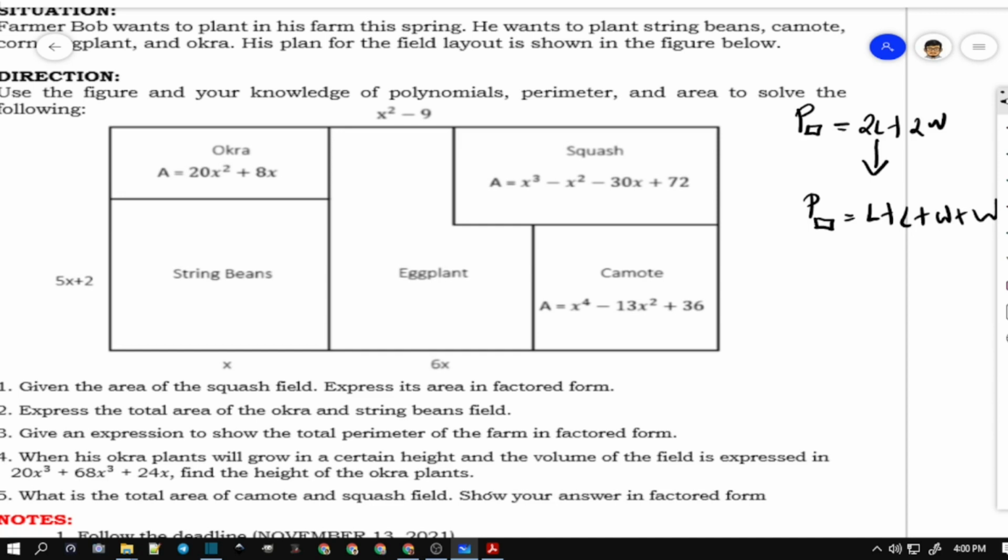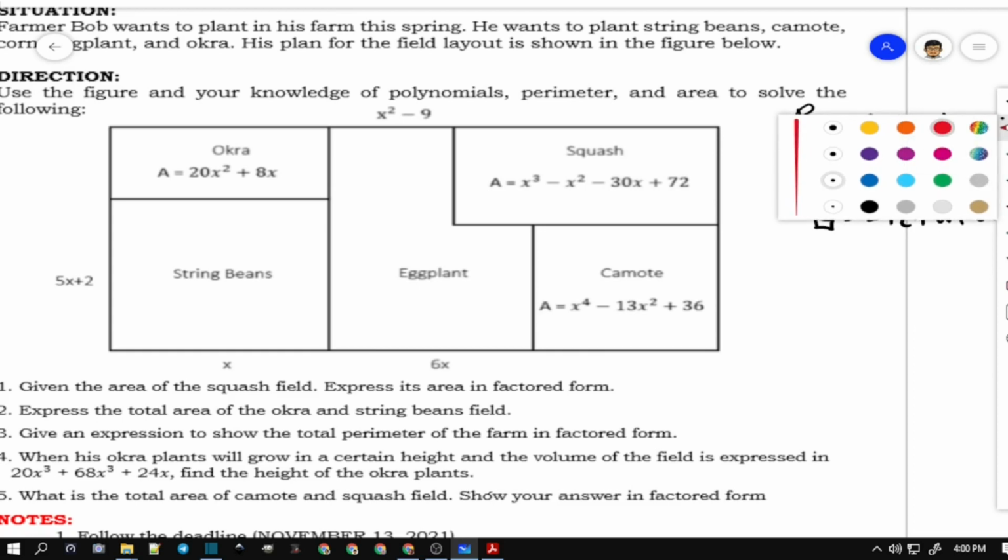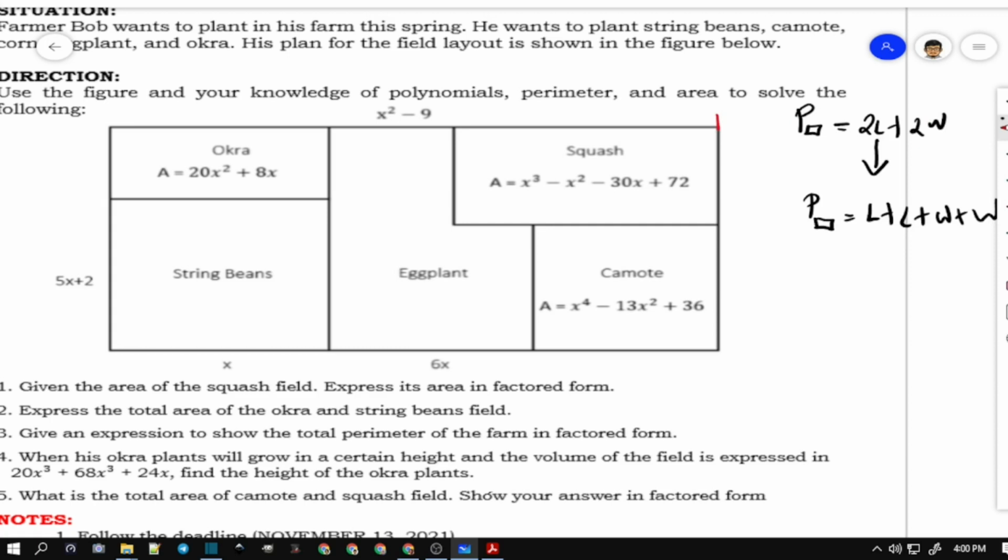In our given layout, there are still some missing lengths. Let's begin with the upper side of the whole layout of the farm, from the corner of the okra to the corner of the squash.